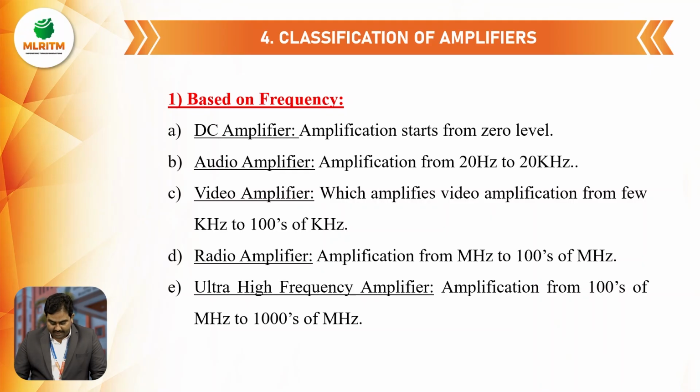And the fourth one is the radio amplifier, where amplification takes place from megahertz to hundreds of megahertz. Coming to the 5th one, that is the ultra high frequency amplifier, where the amplification takes place from hundreds of megahertz to some thousands of megahertz. So these are the different amplifiers based on frequency.